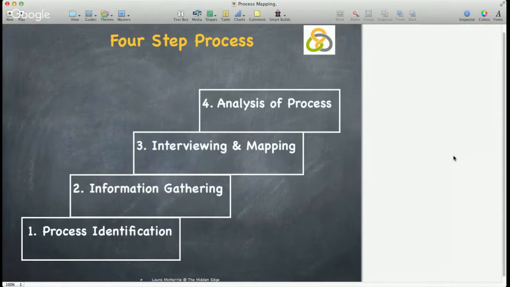We need to gather information about that particular process, identifying the objectives, the risks, and any key controls within a process. When we've gathered all of the surrounding information, we can bring people together that have an insight into the process or procedure itself. And that's when we can start mapping what it currently looks like.